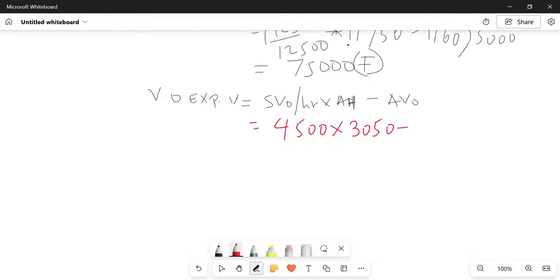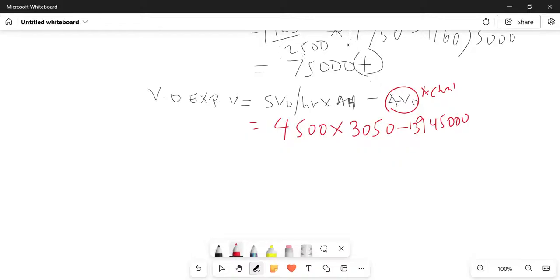Do we have actual variable overheads from the actual information? Actual variable overheads, how much? 13,945. You return back the thousands, because it is in shillings thousands, I must always return them back.